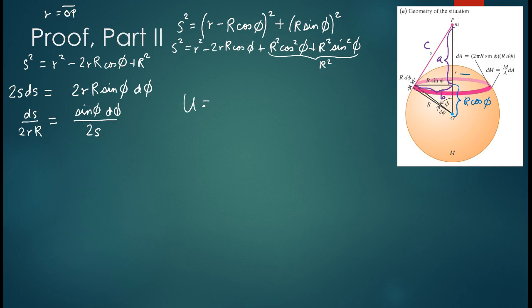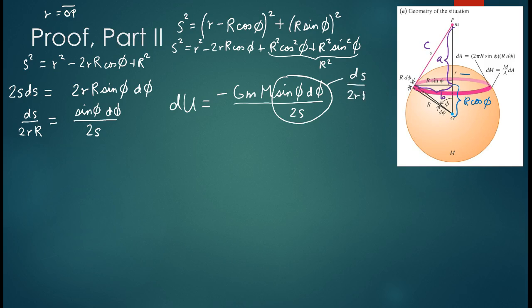Well, remember that last slide we said that du for a ring is negative g little m big M sine phi d phi all over 2s. And so all of this right here, sine phi d phi over 2s, is actually ds over 2r big R. Okay?